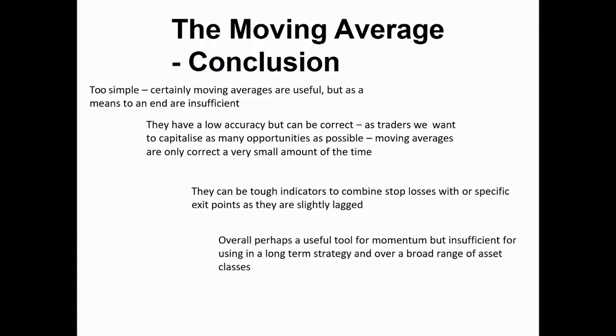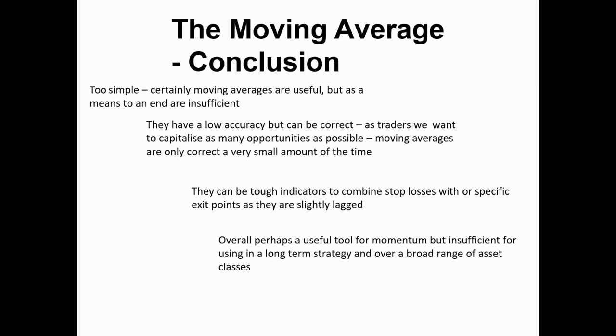As a conclusion, it's too simple. Certainly, moving averages are useful, but as a means to an end they are insufficient. They have a low accuracy but can be correct. As traders, we want to capitalize on as many opportunities as possible. Moving averages are only correct a very small amount of the time.